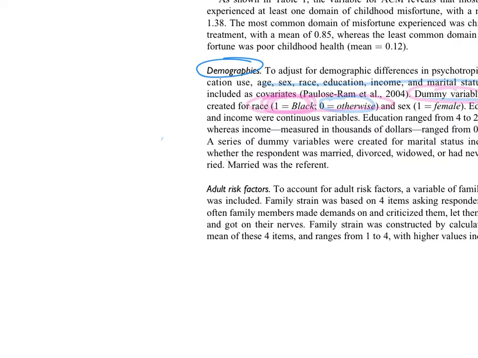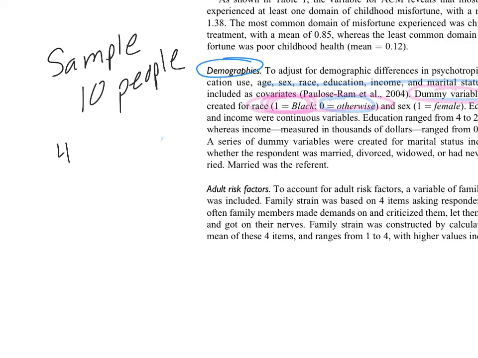computations with it. So let's say I have a sample of 10 people, and just to keep it basic, 4 of them are black and then 6 of them are not, what they're calling otherwise here. So for every black person, they're designated a 1.